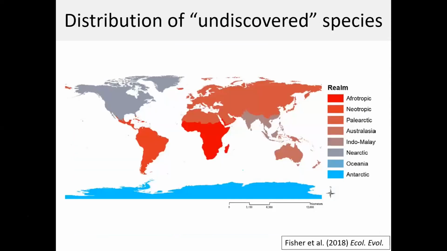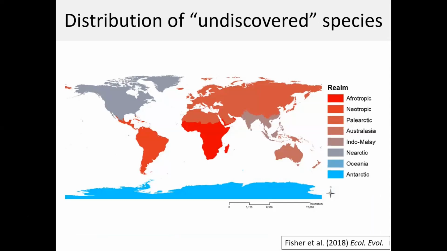So before I get onto the next two examples, I want to quickly also illustrate how important basic survey work is in Africa because of the rate at which we are describing new species.